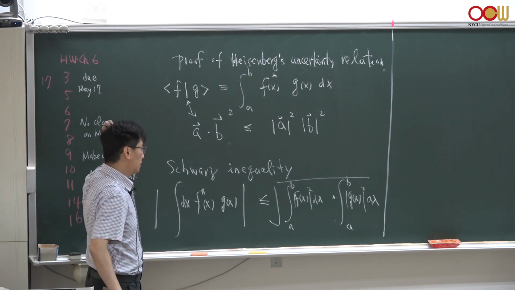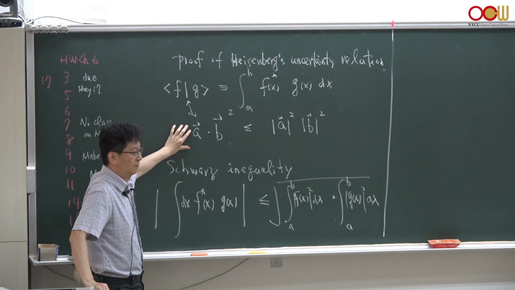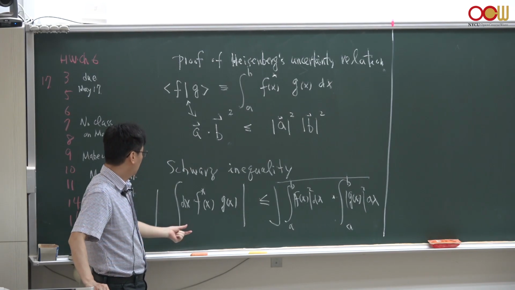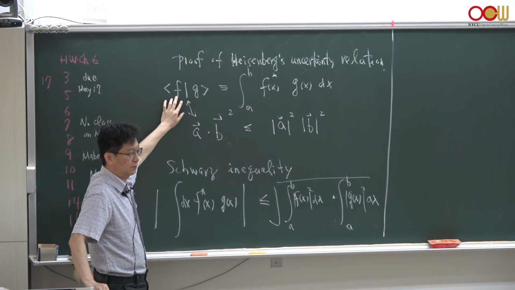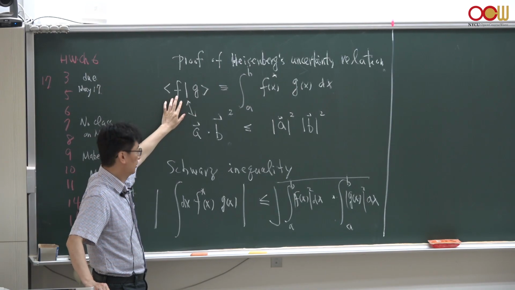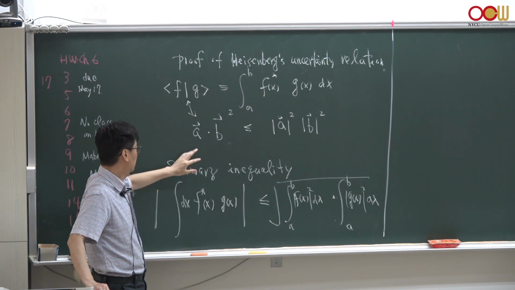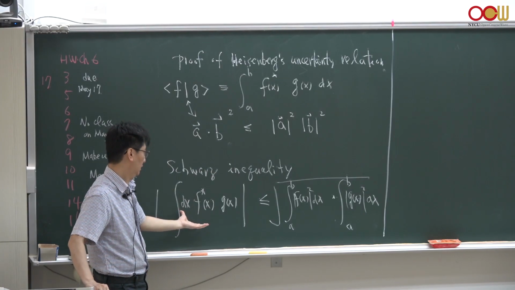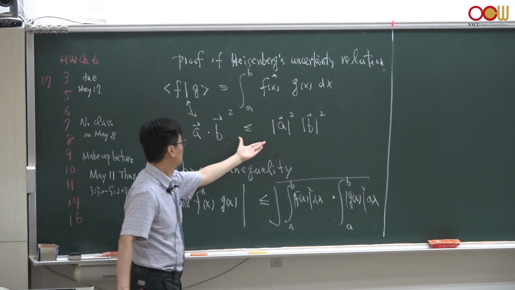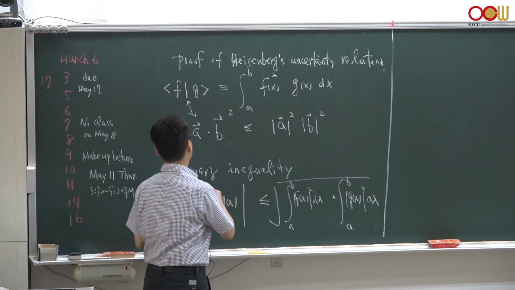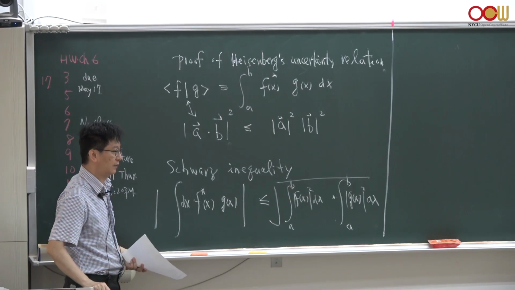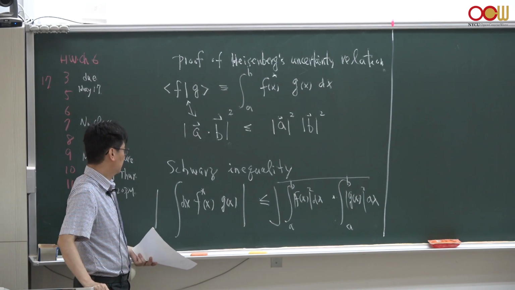You could consider f of x as some vector a, and g as some vector b. So this projection between g and f could be understood as a dot b. The magnitude of a dot b is always smaller than or equal to the product of the magnitudes of these vectors.